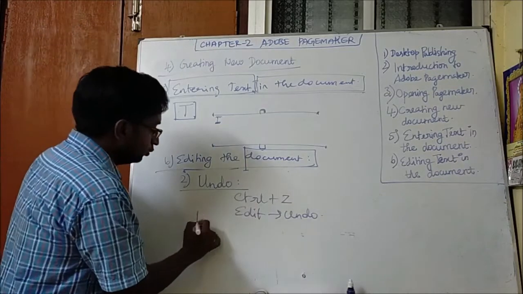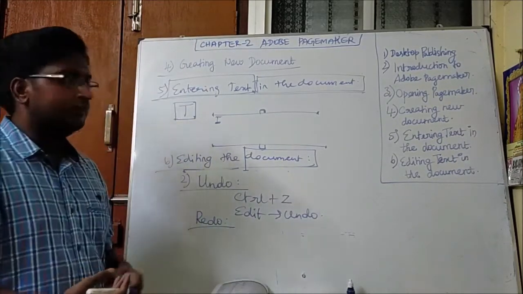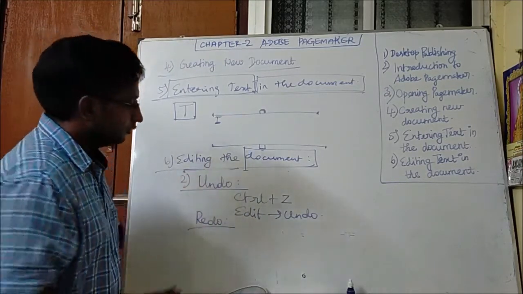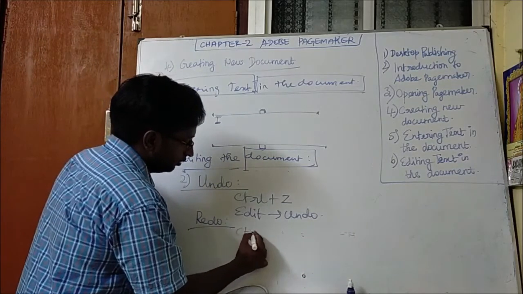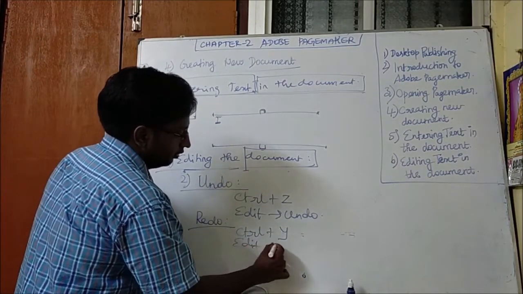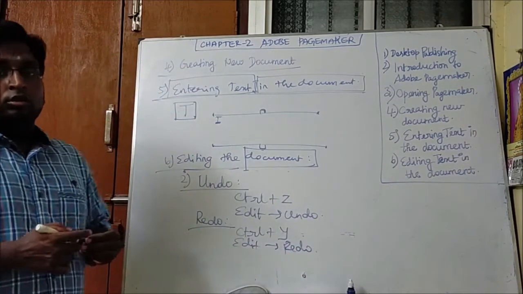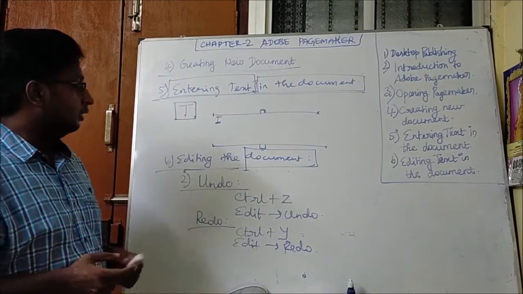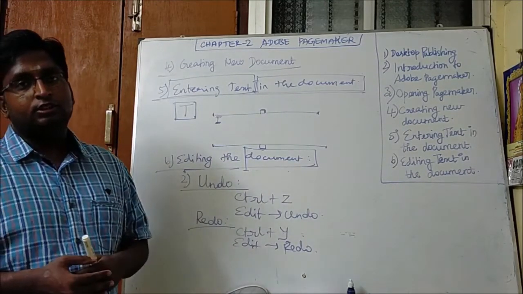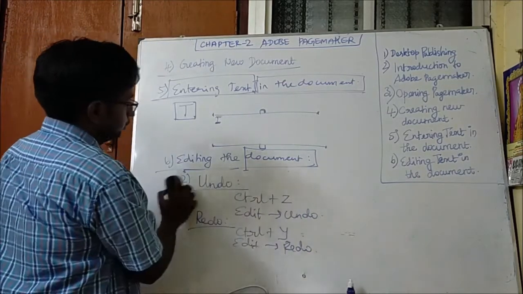Similarly, you can redo. Say for example, the changes I made were correct and I have undone them, so I want them back again. You can go with Ctrl plus Y, or similarly Edit, Redo. This is how you can revoke and come back again with the changes undone.